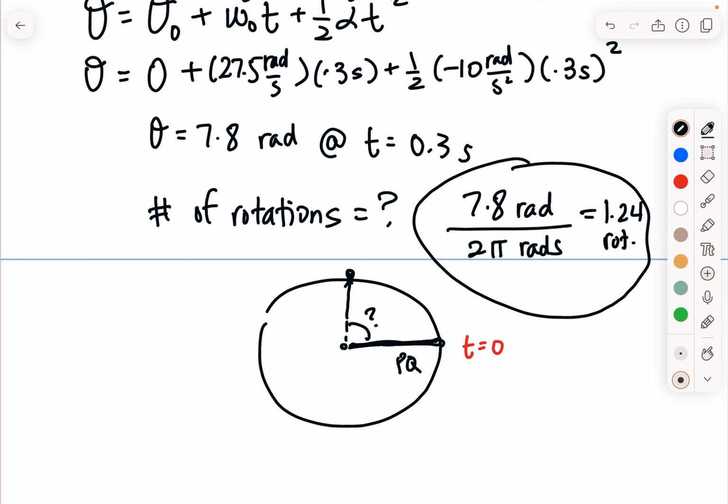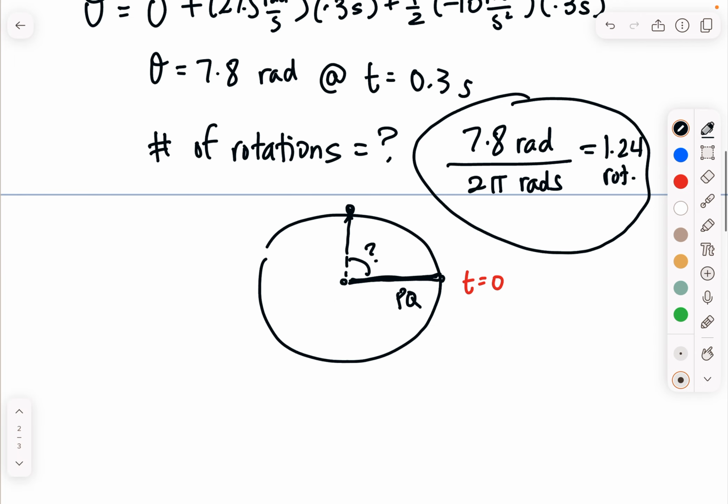So we have 1.24 rotations, which means we have 0.24 of a rotation that it completes after crossing the x-axis. I should have written rotations. Okay, 0.24 rotations.